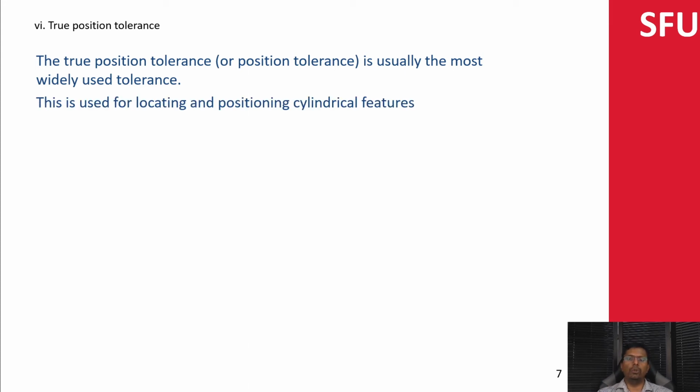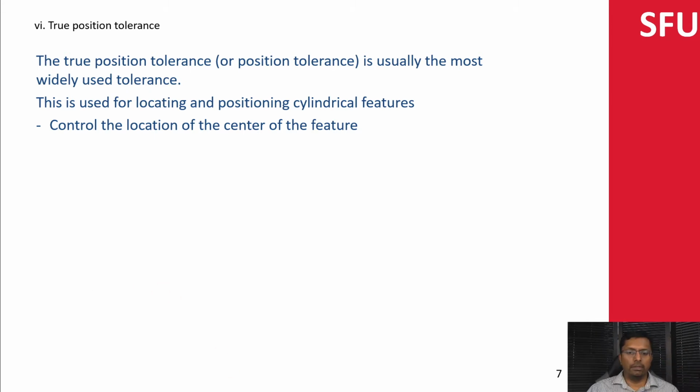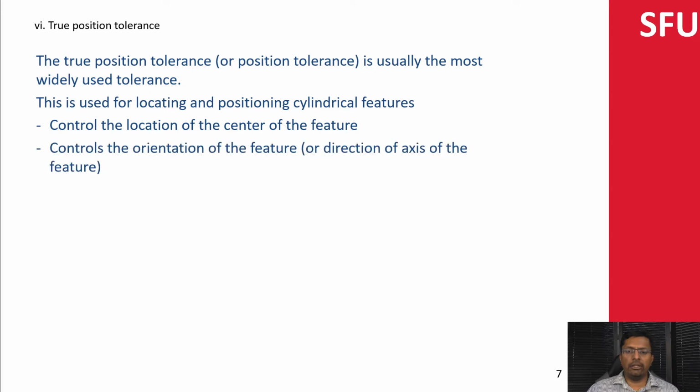This is used for both locating as well as positioning circular features, also providing the bound on the geometry. It controls both the location of the cylindrical center, the center of the cylinder, and we're also controlling the orientation or the axis.